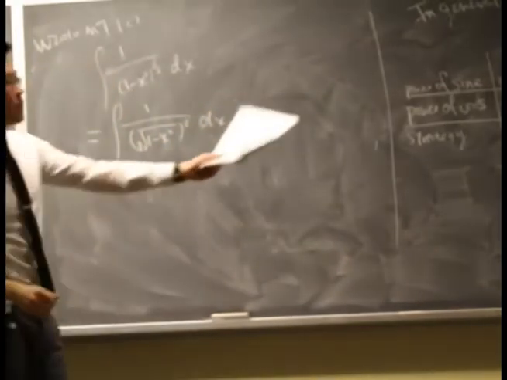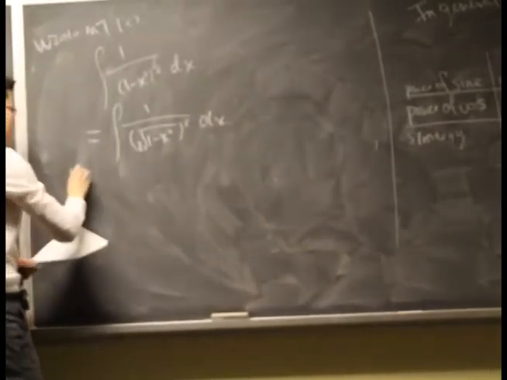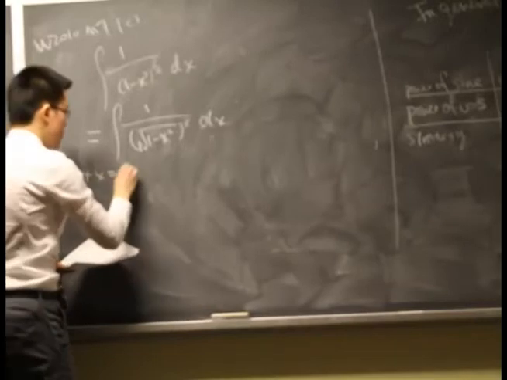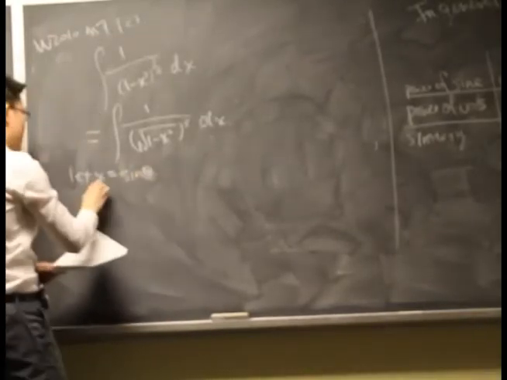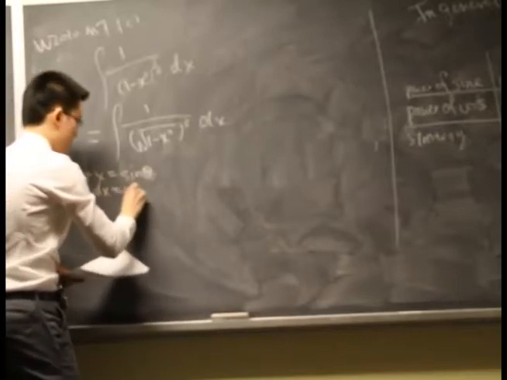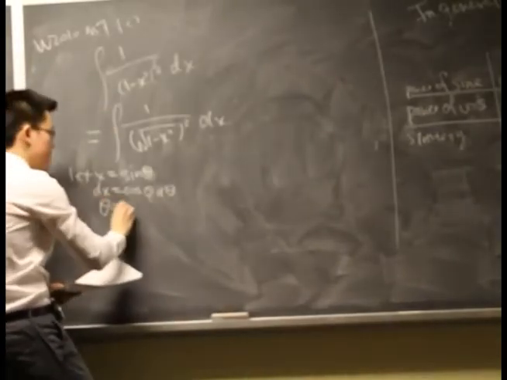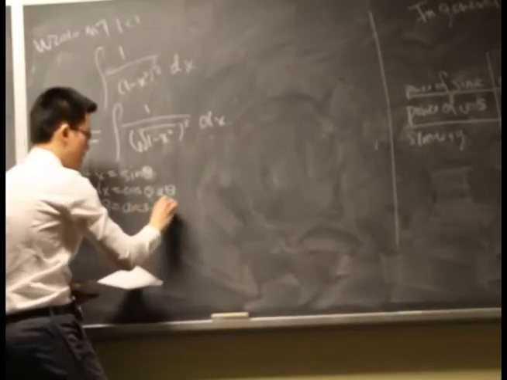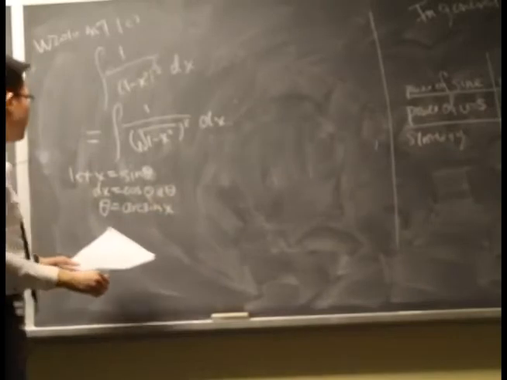Again, we use the same substitution as in the last example. Let x be equivalent to sine theta. Then dx is cos theta d theta. And then I'm also going to write here that theta is equivalent to arc sine of x for the last step.